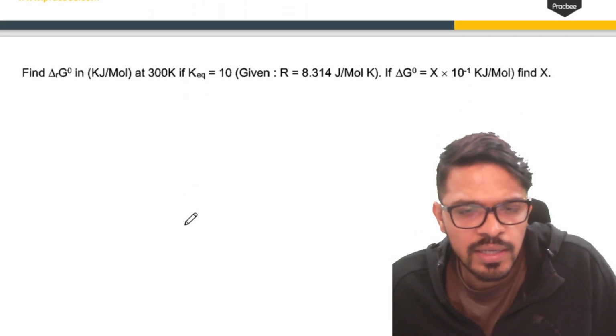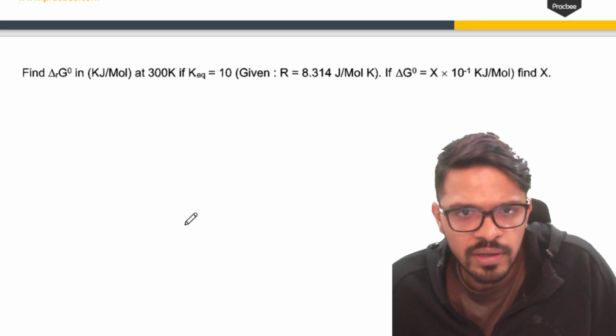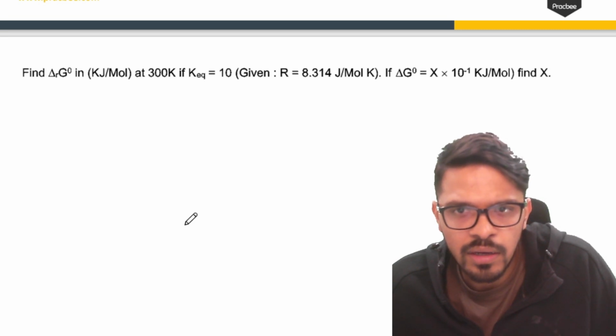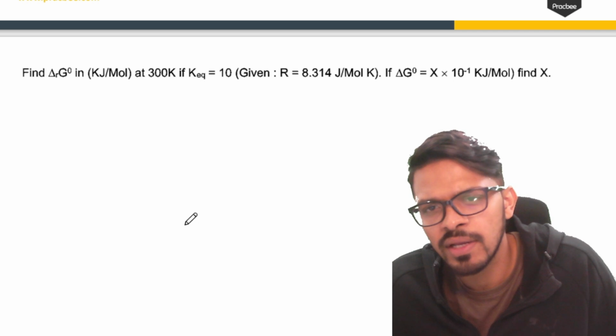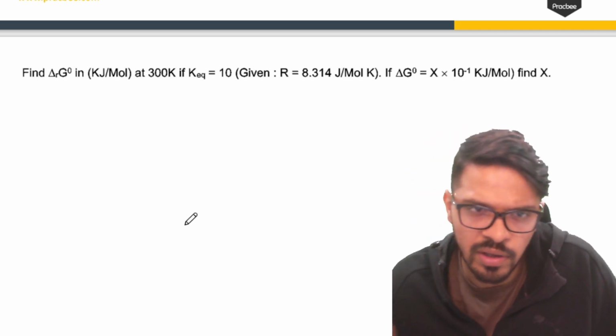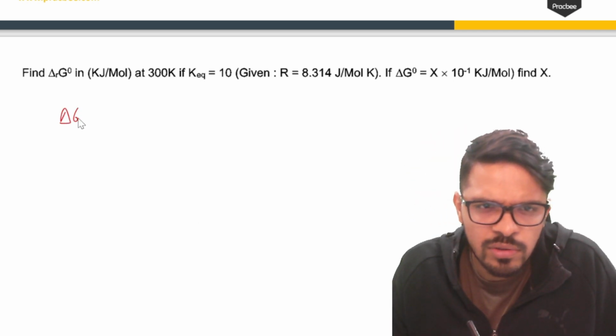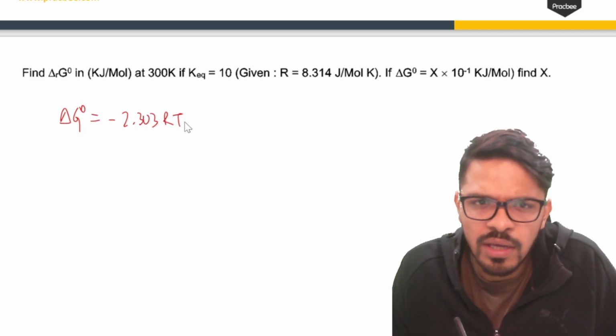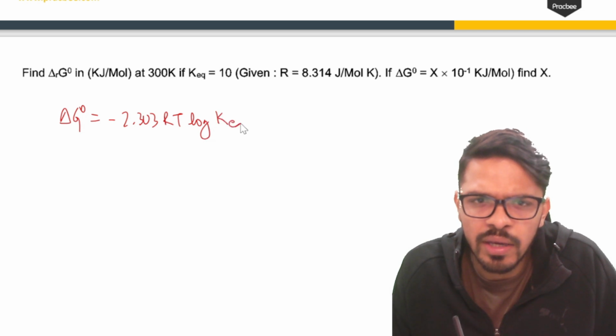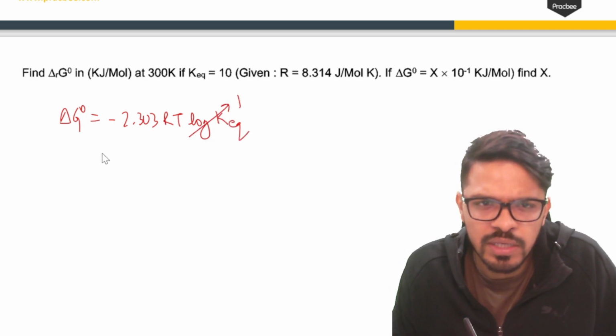Next, they are asking delta G at 300 Kelvin if K equilibrium is equal to 10. They say delta G naught is basically x into 10 to the power minus 1, find the value of x. Useless question they have asked. We know delta G naught is basically minus 2.303 RT log K equilibrium. Log K equilibrium is basically 1.